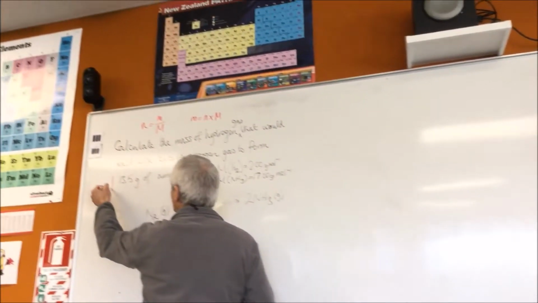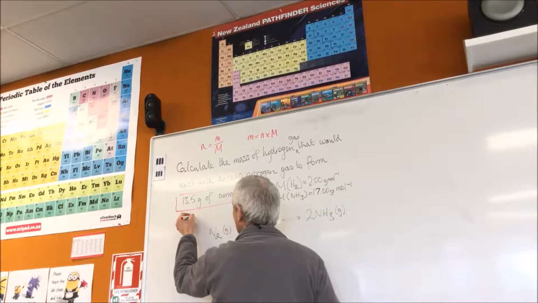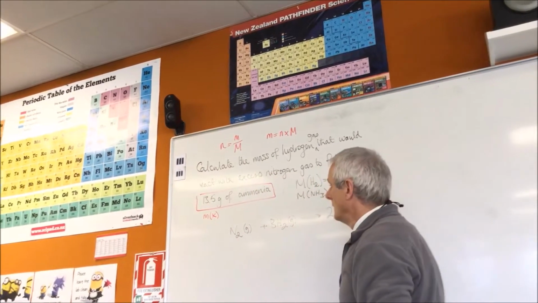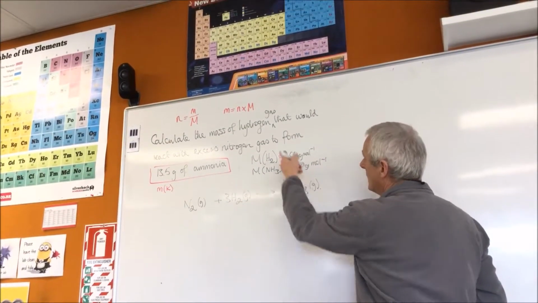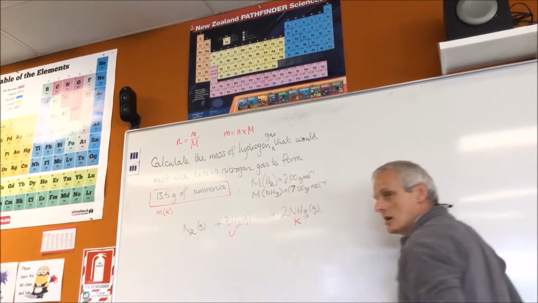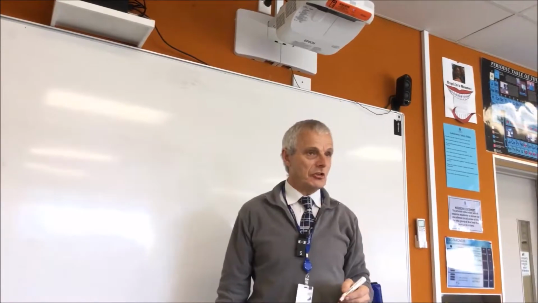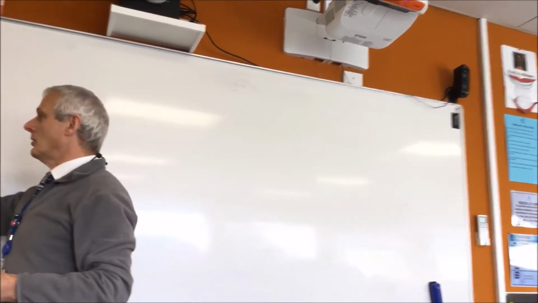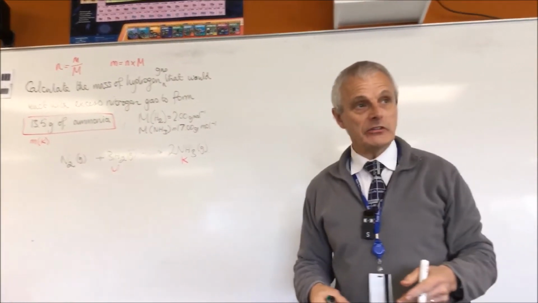So this is the mass of the known, and that's identifying the known. You're being asked to calculate the mass of hydrogen, so that's the unknown. For those of you that struggle with the algebra, it's a good idea to label them clearly. Use a pencil on the paper, that's quite all right.